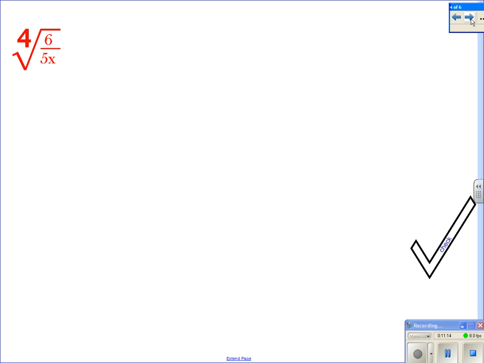So let's just separate them first. We've got the 4th root of 6, over the 4th root of 5x. There's nothing we can simplify like we could on the previous problem. Okay, so we're at the point already where we need to get rid of this radical in the denominator.